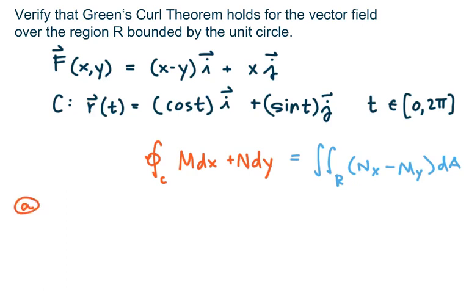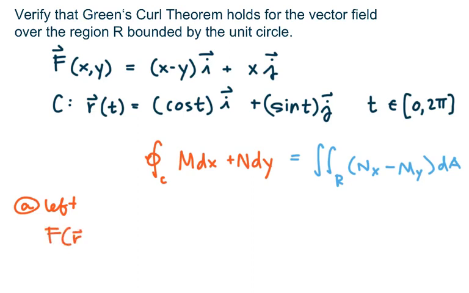So I'm going to start with the left side, and we're going to evaluate the counterclockwise circulation of F around the curve C. So in order to evaluate that line integral, we first need F in terms of t.